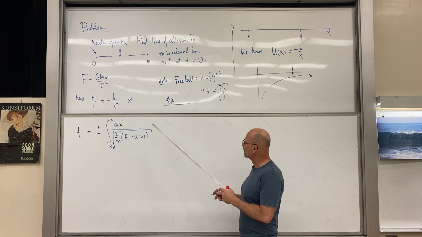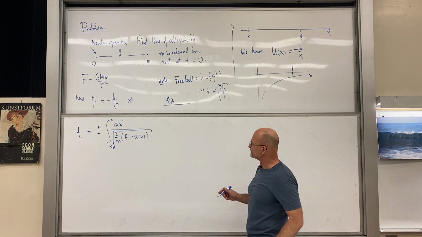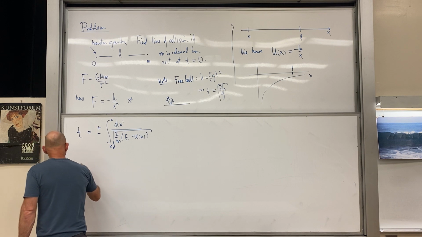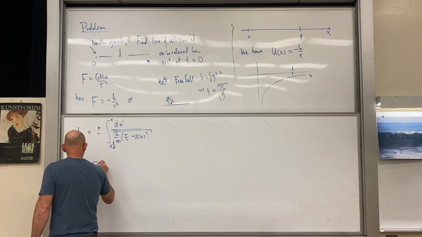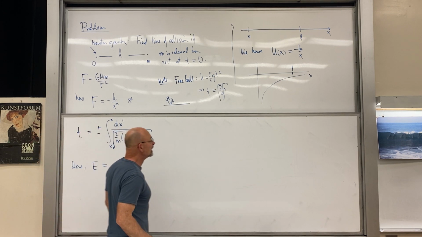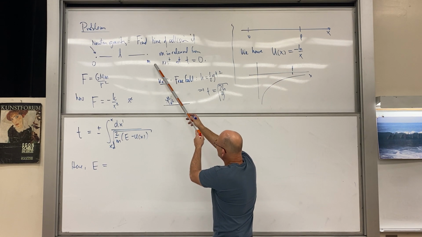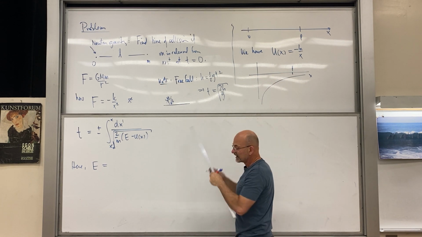Our question is, what are our boundaries of integration? So we have here, E is equal to minus K over L, since I chose L to be that distance from which we're releasing it.